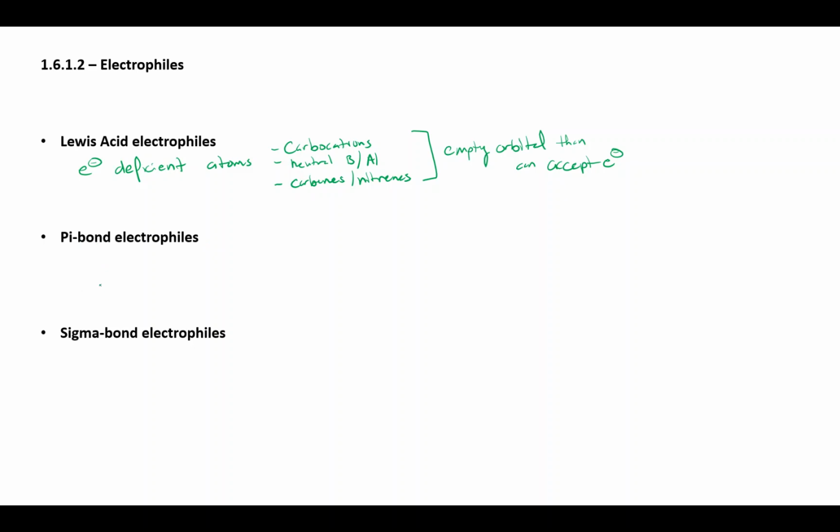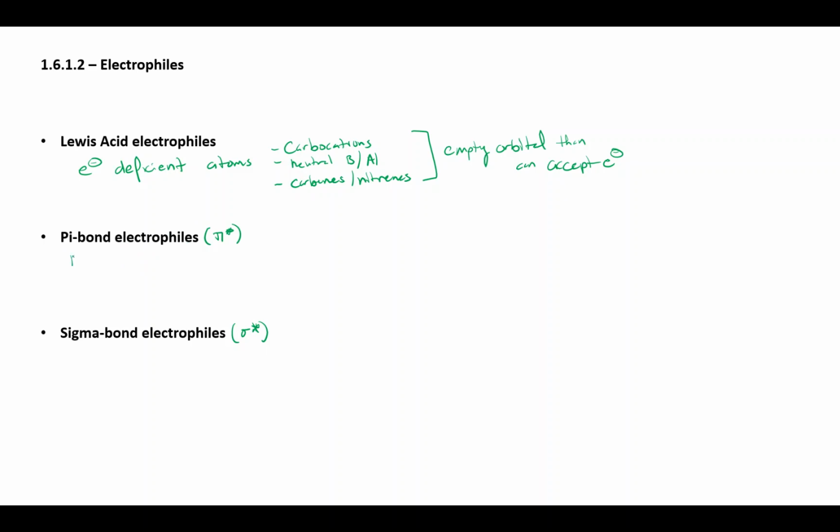Pi bond and sigma bond electrophiles, what this means is we are reacting with the anti-bonding orbital, pi star, or the sigma star, the anti-bonding orbital of our sigma bond electrophiles. So we're breaking a bond as we add our nucleophile to the electrophile.